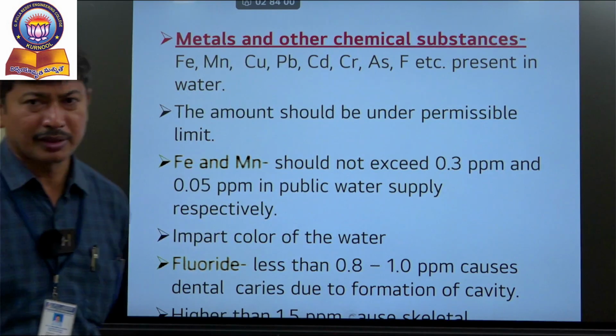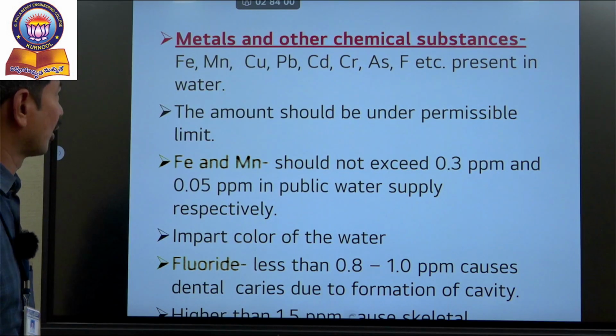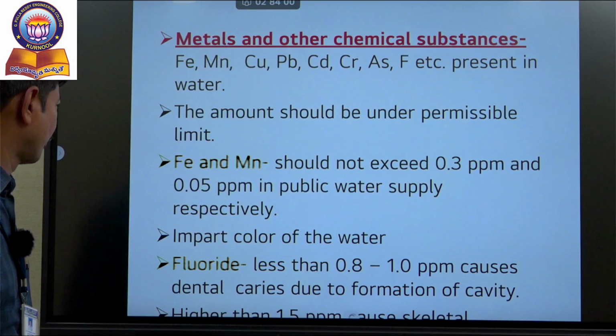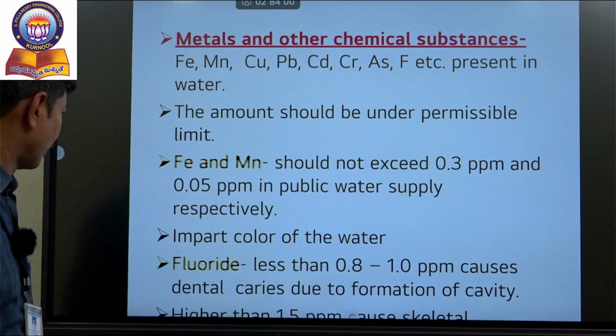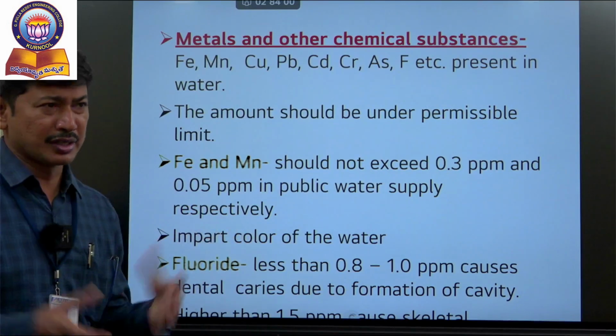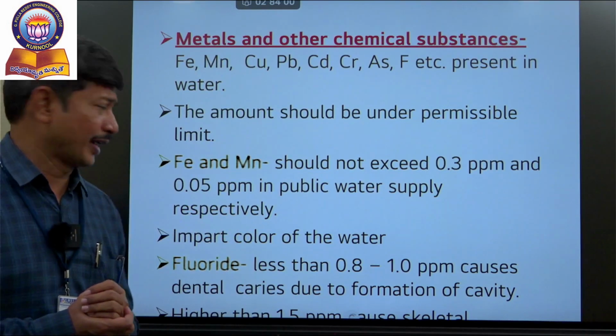There are some other metals like iron, manganese, copper, lead, cadmium, chromium, arsenic, and fluoride present in water. They should be within limits. Iron should not exceed 0.3 ppm and manganese 0.05 ppm. Iron affects the color of water, and whenever iron is present, washing clothes causes discoloration. Fluoride should be between 0.8 and 1.0.